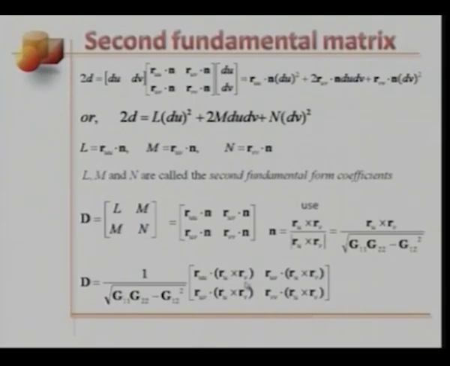So these are scalar products. So given a surface patch as a function of two parameters u and v, you can compute both the first fundamental matrix G and the second fundamental matrix D.